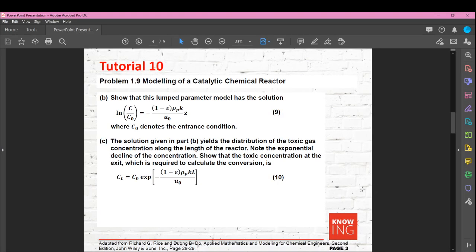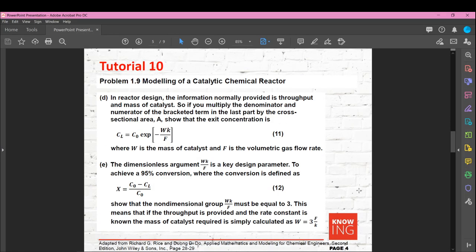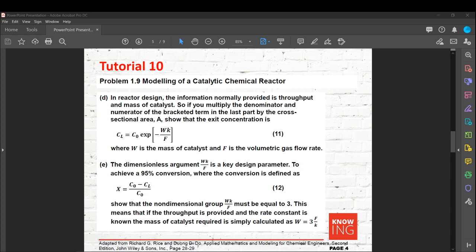Now let's look at part D. In reactor design, the information normally provided is throughput and mass of catalyst. So multiply the denominator and numerator of the bracket term in the last part by the cross-sectional area A, and show that the exit concentration is this, where W is the mass of catalyst and F is the volumetric gas flow rate.